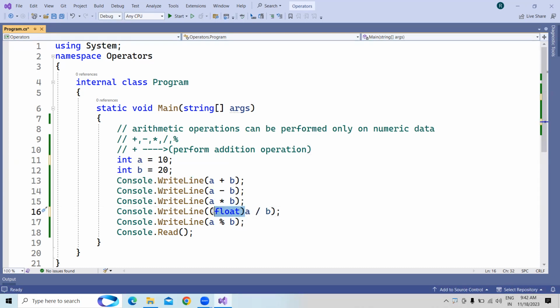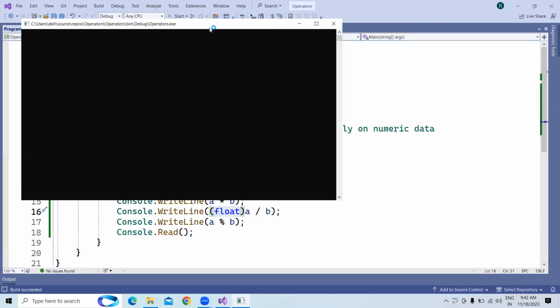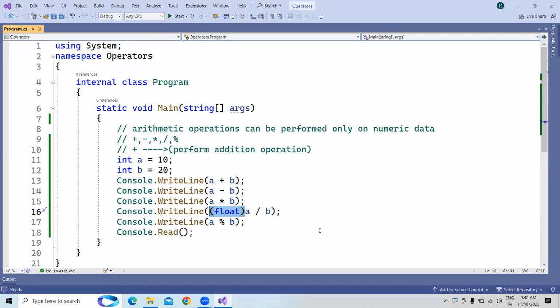So I am explicitly converting it to float. Now execute the program. You can observe the result as 0.5. At the start, when we executed the program without explicit conversion, the result was 0. Now we are getting 0.5. So by using explicit conversion in the case of the division operator, you can get whatever result you require.